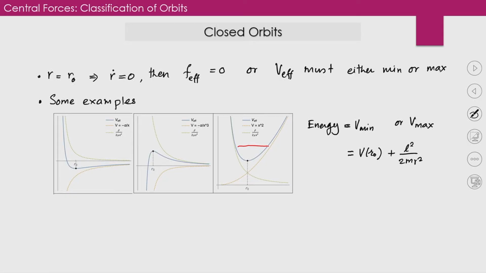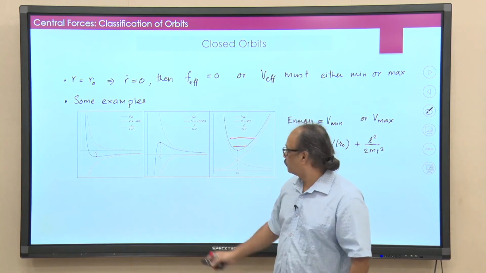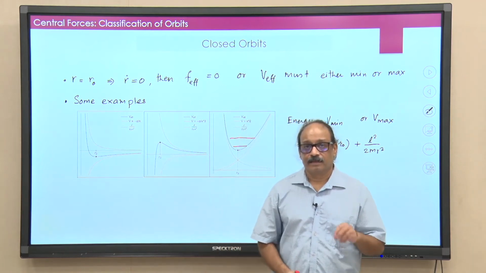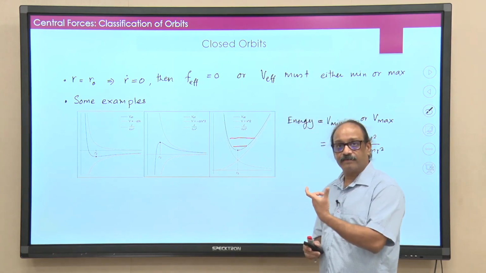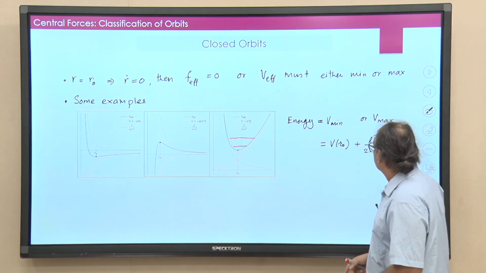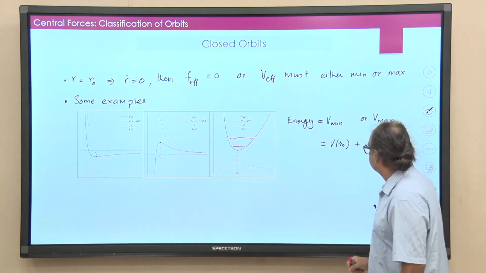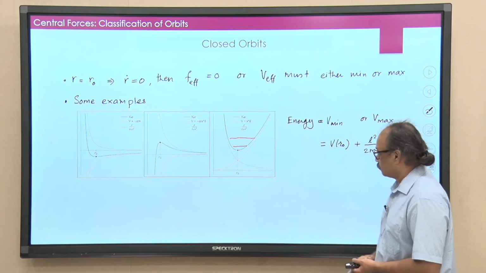So, basically when the energy is smaller, the oscillations are smaller, and exactly when the energy is equal to the minimum value of the potential or the maximum value of the potential, that is when you get a circular orbit. That is when the two turning points r1 and r2 will merge into one single point. And that means it must be equal to V of r naught plus, and that of course is r naught again.